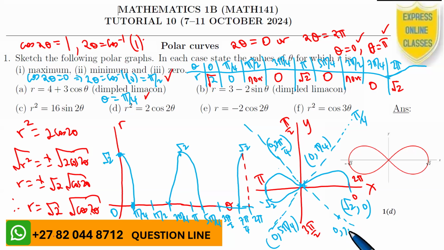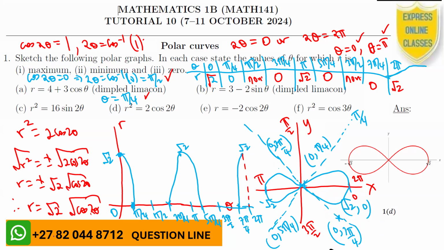From 7 pi over 4 it is going to increase to the square root of 2.